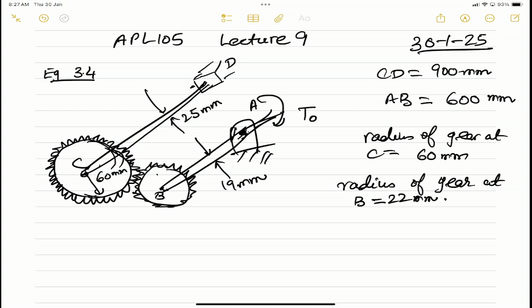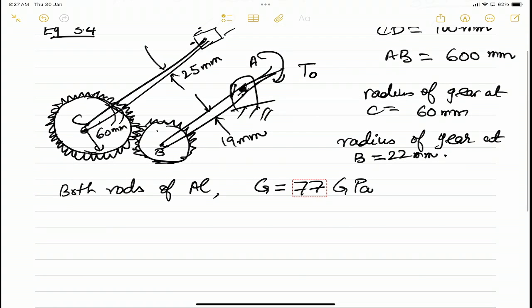So, both rods are of aluminium with G equal to 77 GPa.